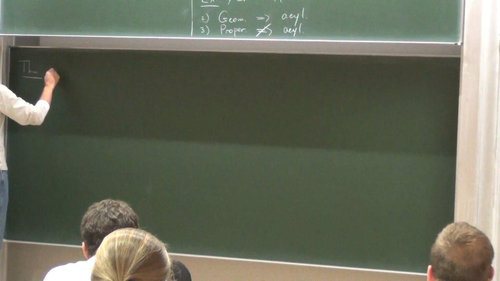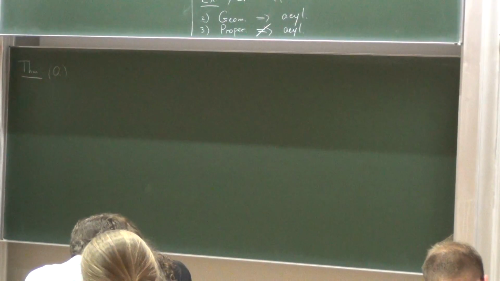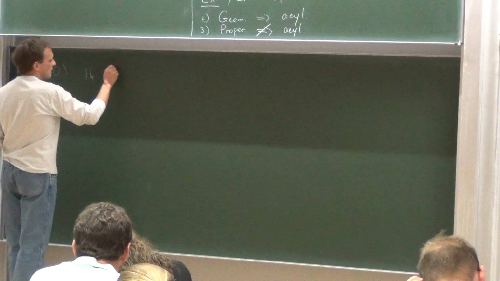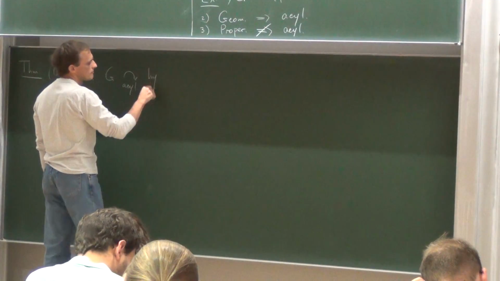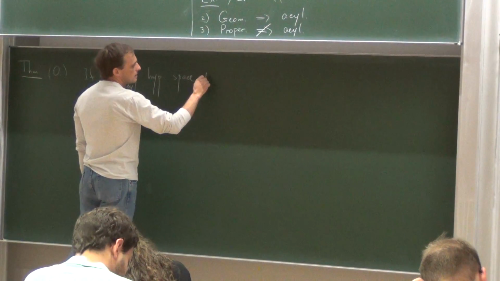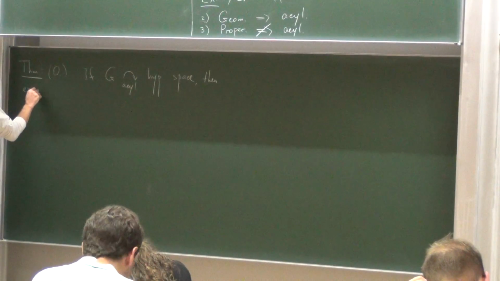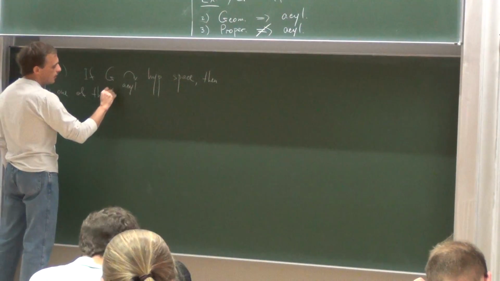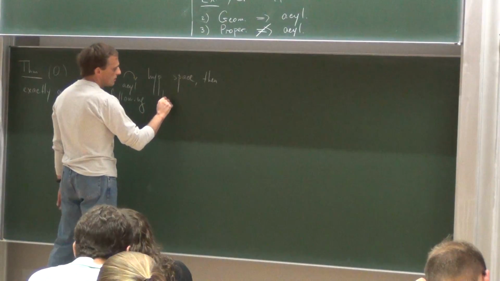Okay, so now there is a classification of possible acylindrical actions on hyperbolic spaces. And the classification is this. If the group G acts acylindrically on a hyperbolic space, then exactly one of the following three possibilities holds.